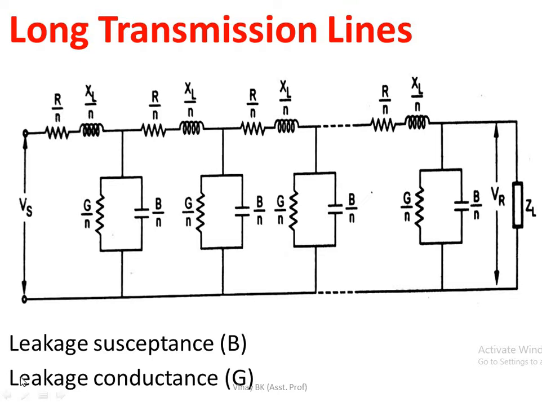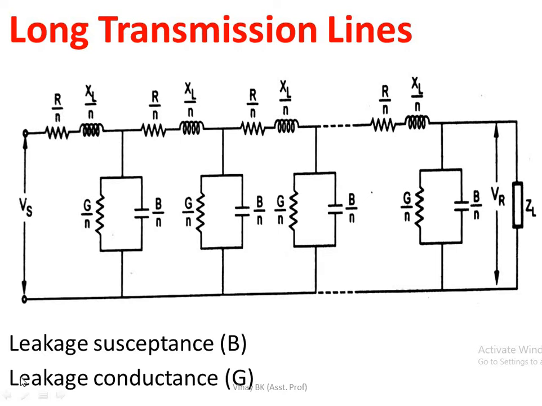It is well known that the line constants of a transmission line are uniformly distributed over the entire length of the line. However, reasonable accuracy can be obtained in line calculations for short and medium lines by considering these constants as lumped.